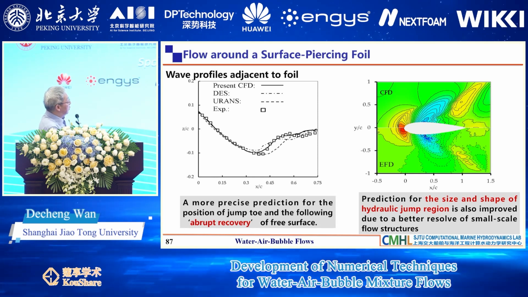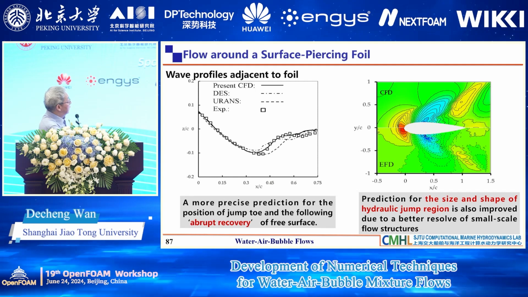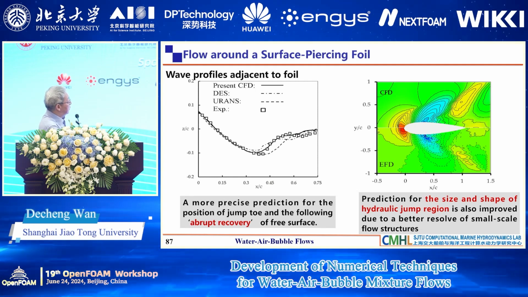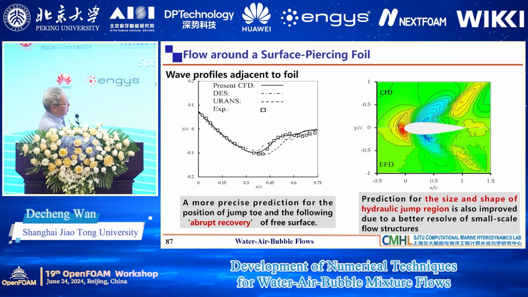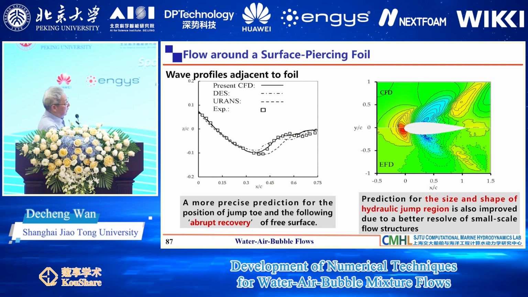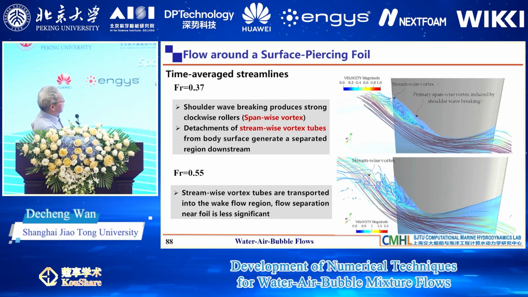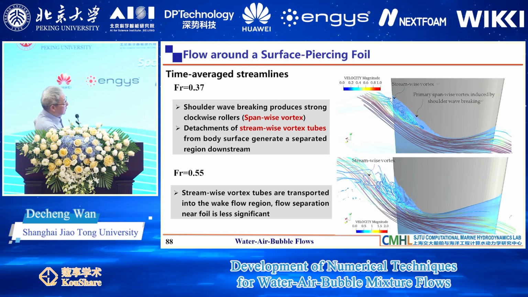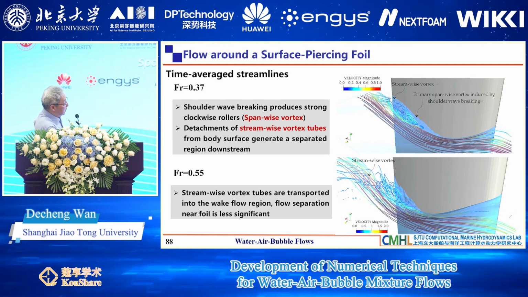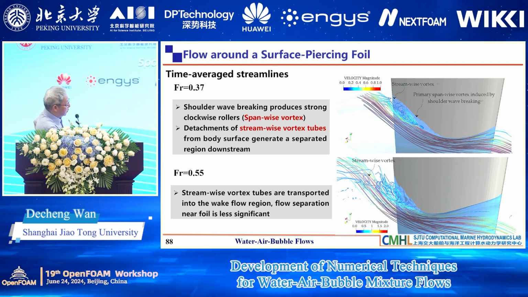So we can also get all these profiles using different methods, compared with the experiment results. So we can get very similar wave patterns, and also this is the streamline, right? You can see very complex streamlines, especially near these breaking regions.